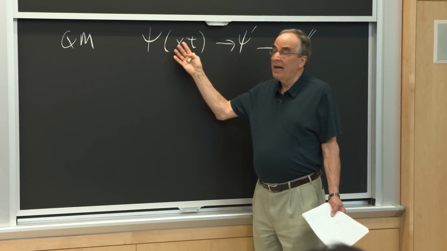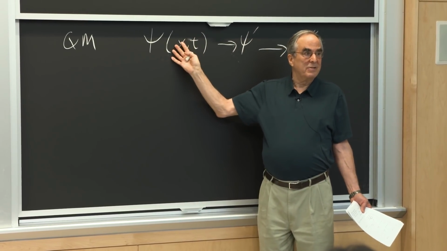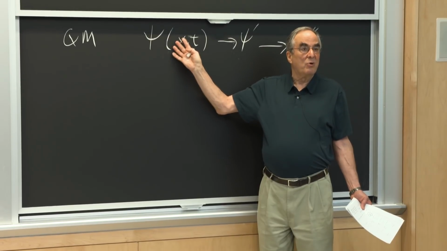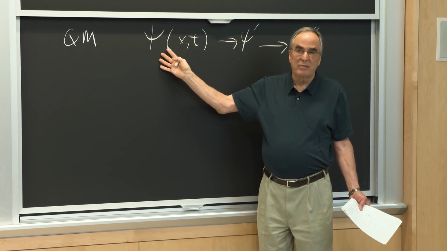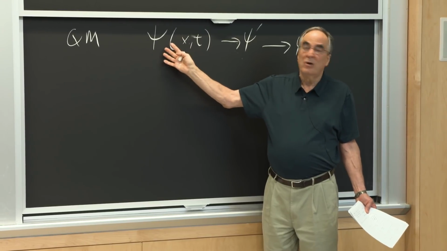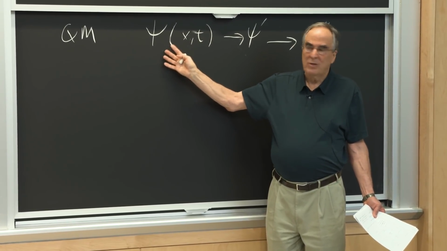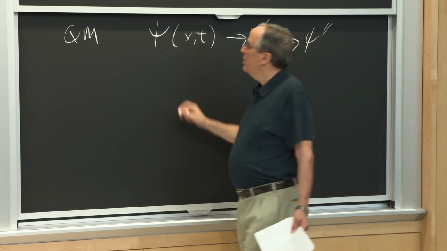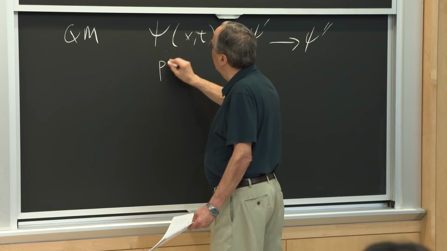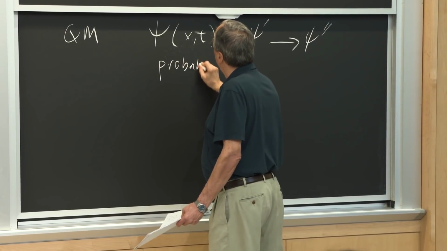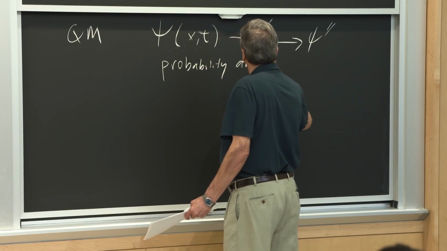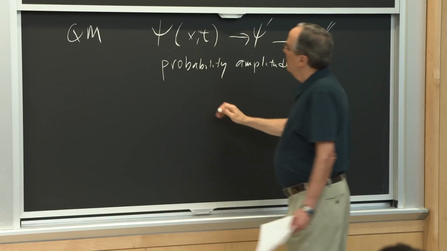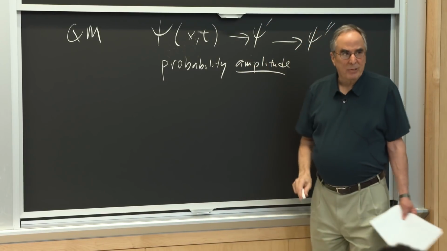So this had better have phase. So we have a wave that can constructively or destructively interfere with itself. And so we start talking about things like amplitude, but the crucial word is amplitude.